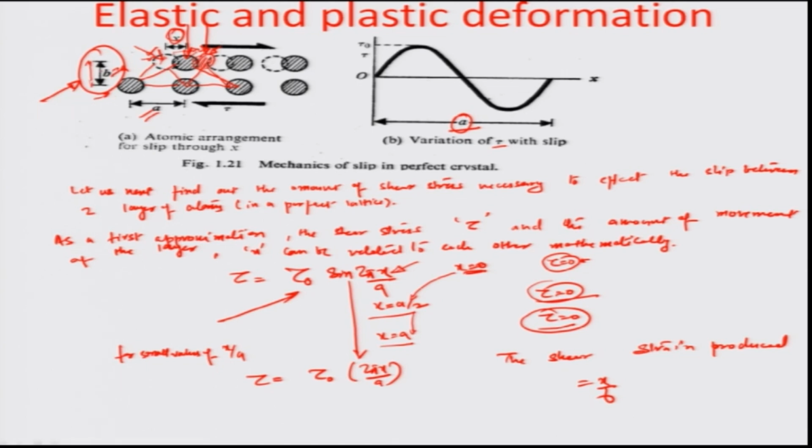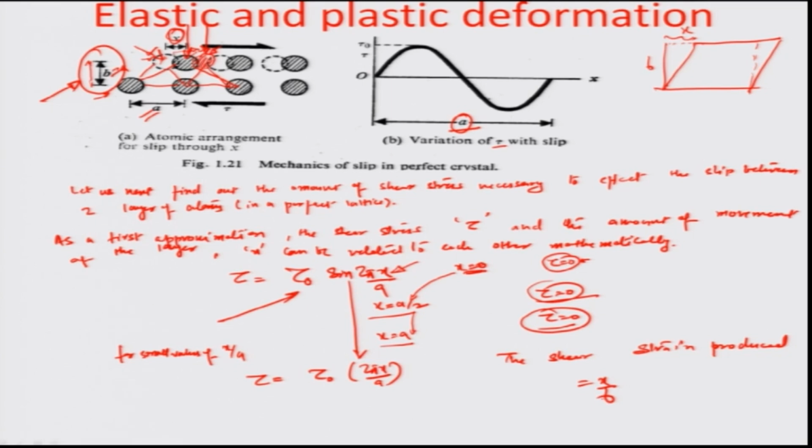was b. So, if you are moving this lattice from a straight position to some angular position, and the distance of movement is x here, this being b, the shear strain obviously would be x by b.